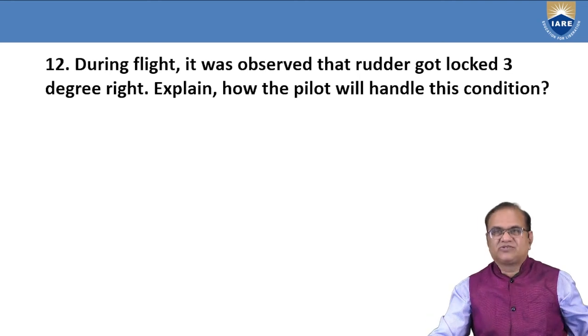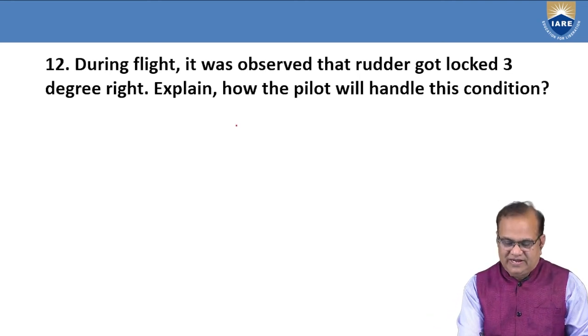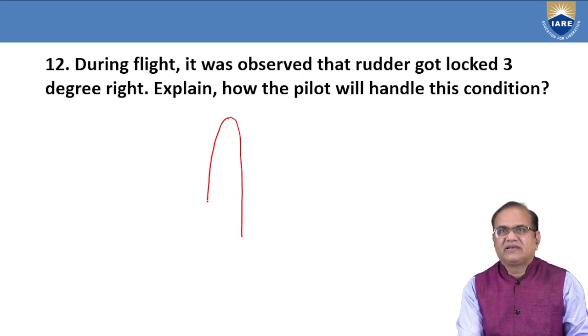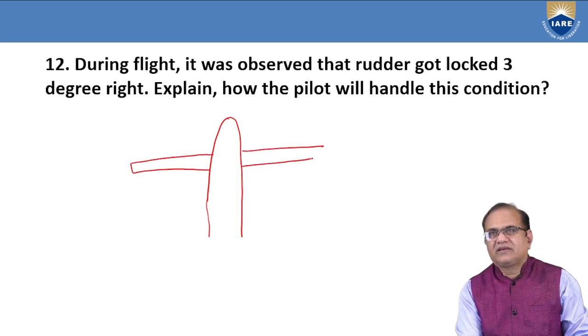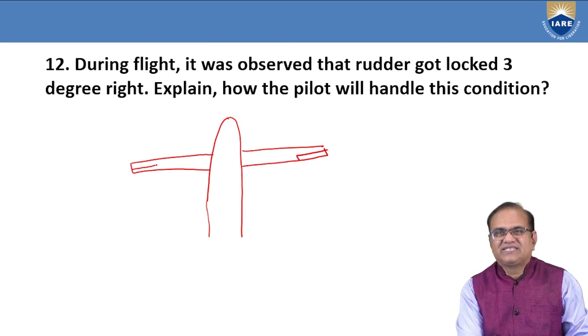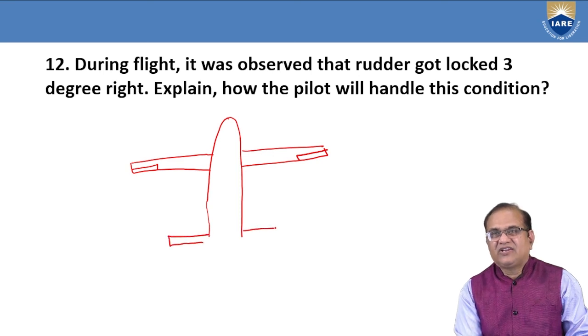Okay, so I will just draw the diagram. Here again, these are the elevators, these are the ailerons, and here we have the vertical tail, and here you have the rudder.